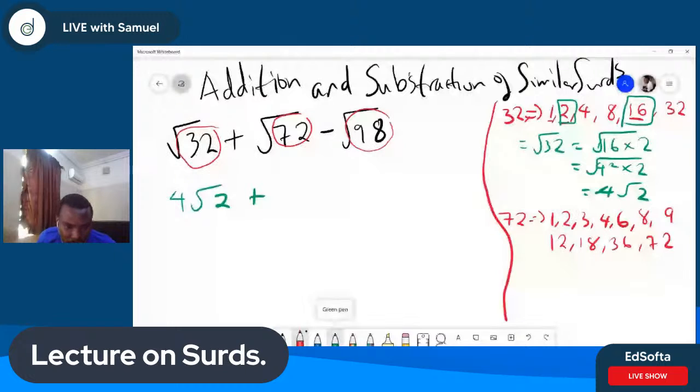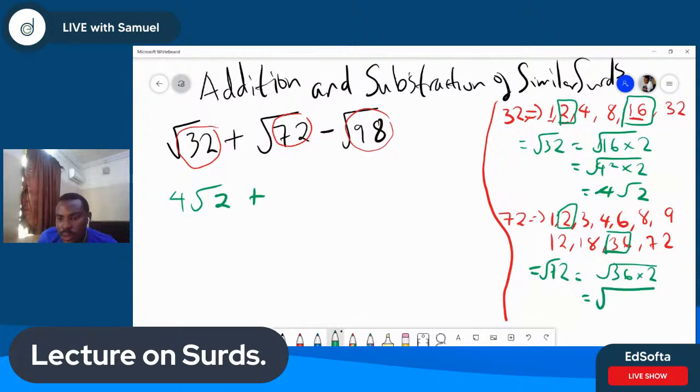Yes. Since 36 is a perfect square, root 72 is root 36 times 2, which is root 6 squared times 2, which you can write as 6 root 2. This will be 6 root 2.